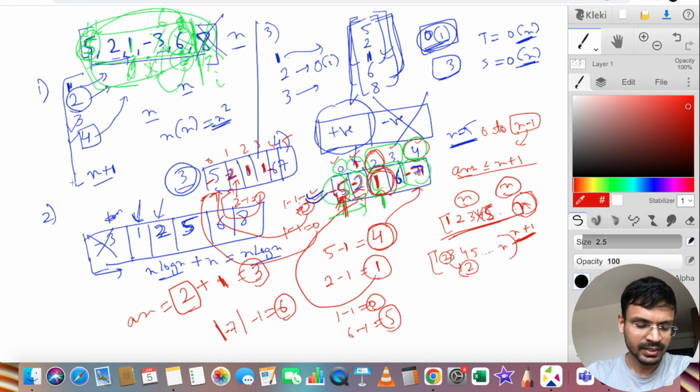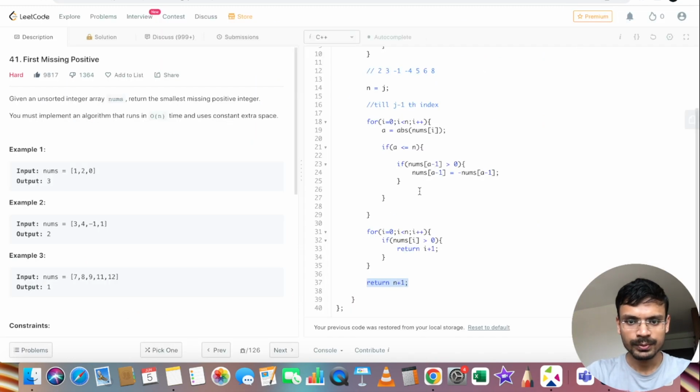Let's try to think of 5 4 3 2 1. Suppose this is an example. In this case the indices are 0 1 2 3 4. So this value is negative, then I go to the fourth value, it becomes negative, this negative, this negative, this negative. Basically all values would turn negative using this for loop.